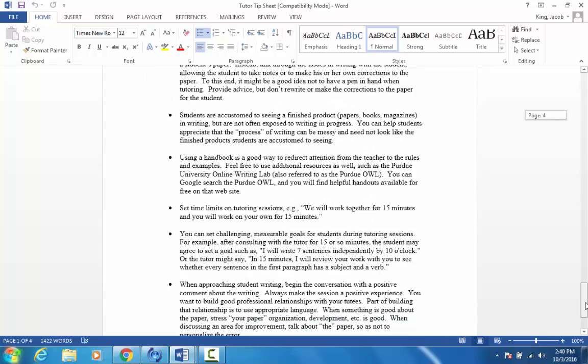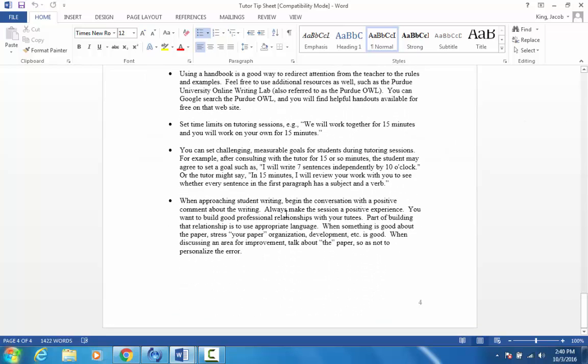The other thing that you want to start off with every kind of tutoring session is, as it says here in the very last tip, begin the conversation with a positive comment about the writing. Sometimes, yes, that can be a difficult thing to do, and we understand that. But it's still important to try to make a sincere, positive comment about the writing.